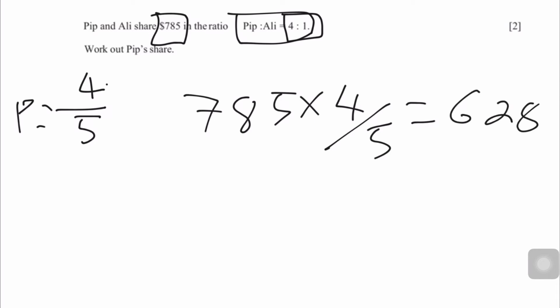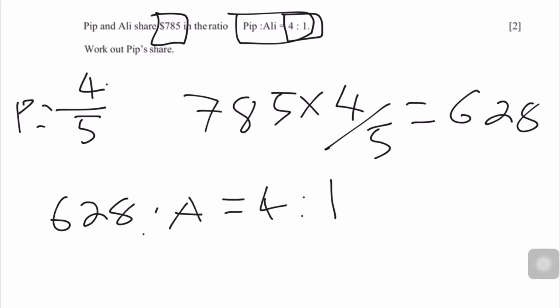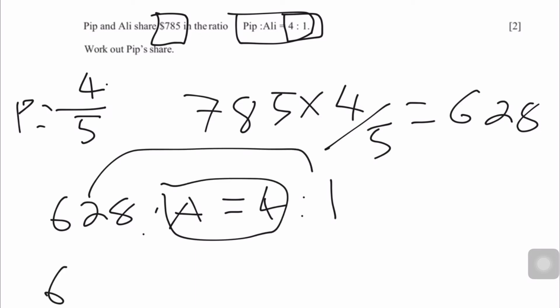And in order to verify this, I mean, you don't really have to, but for the sake of it, we could say 628, which is Pip's share, to Ali's share is 4 to 1. To find Ali's share, we multiply the inner and we multiply the outer and we set them equal to each other. So 628 is equal to 4a, and thus a is equal to 157.